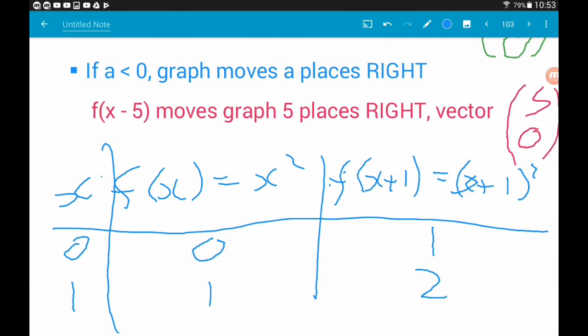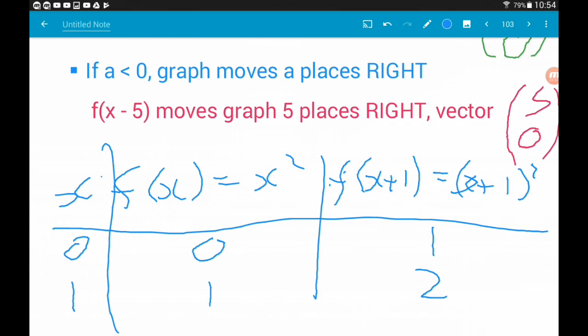Or, on the flip side, if we had f of x and f of x minus 1, f of x minus 1 is making the y values happen one place later along the x-axis. So one place further along to the right. So that's what's going on. Try not to worry about it too much. Try and remember the rules there.